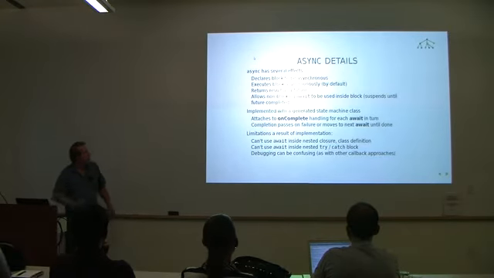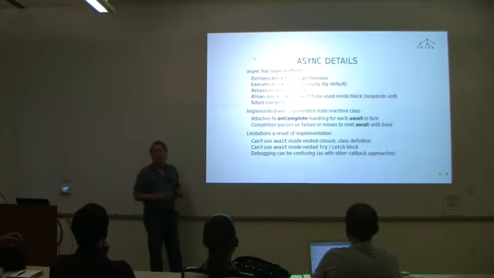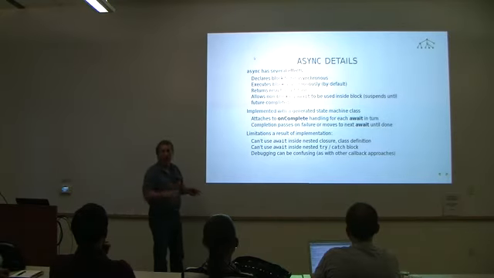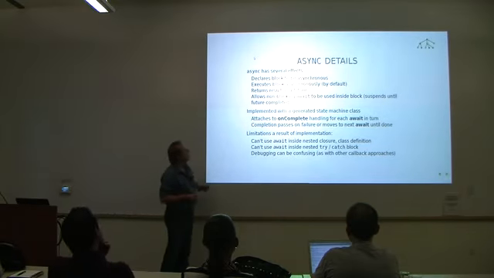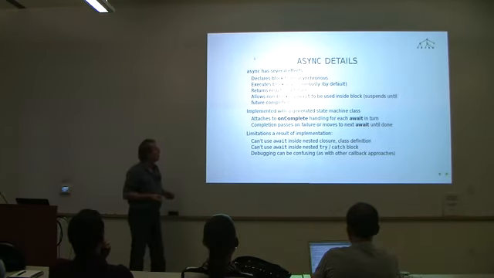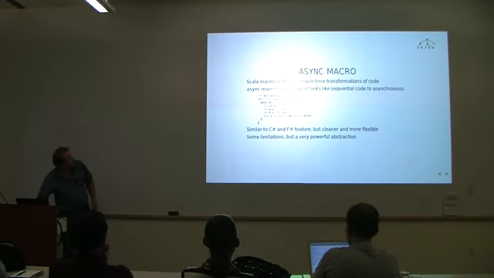So async has several effects. That's not a keyword, but the macro. It declares the block you're working with to be asynchronous. It executes the block asynchronously by default, meaning that when you have this async block embedded in your code, it's going to execute that asynchronously no matter what.